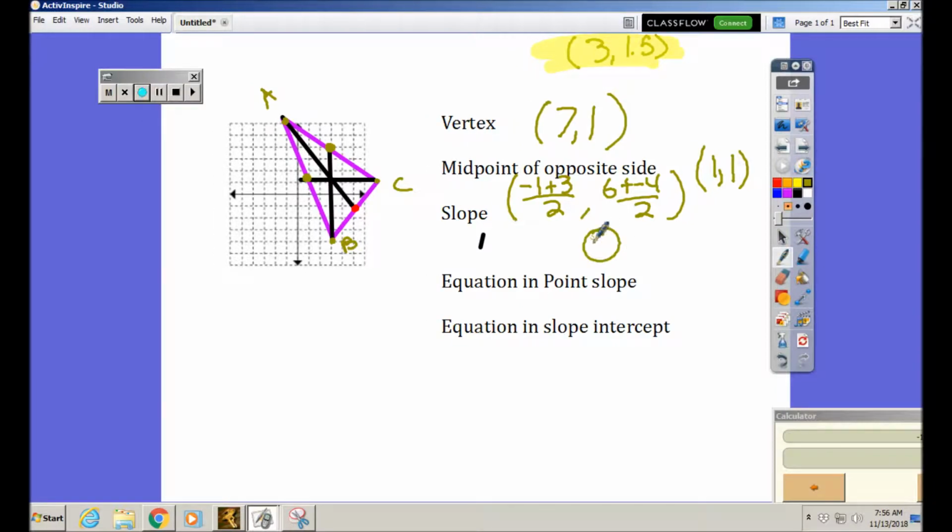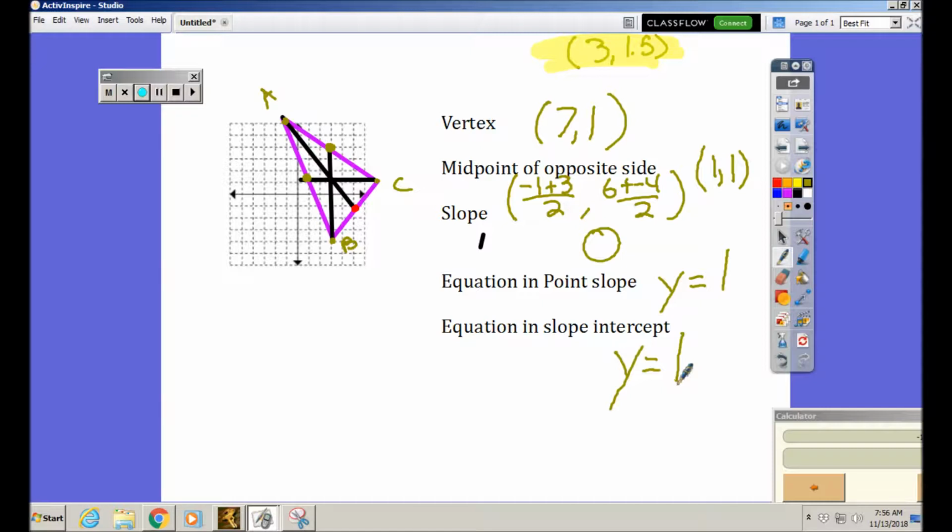So whenever I write an equation in point slope or an equation in slope intercept for a horizontal line, looking at my tricks over there to help me, it's y equals whatever the number is. This is 0, 1. This is 2, 1. This is 3, 1. So wherever I go on this line, y is equal to 1.